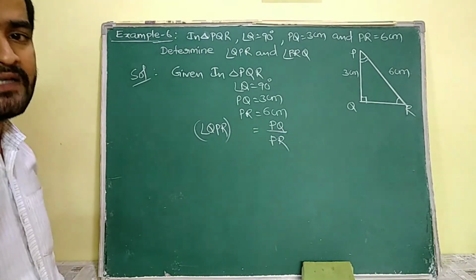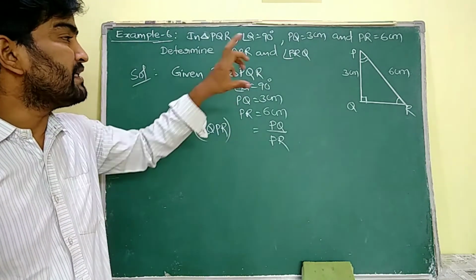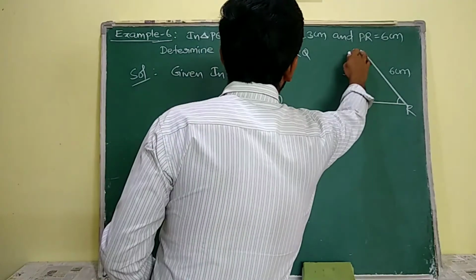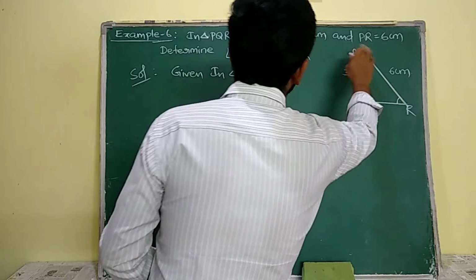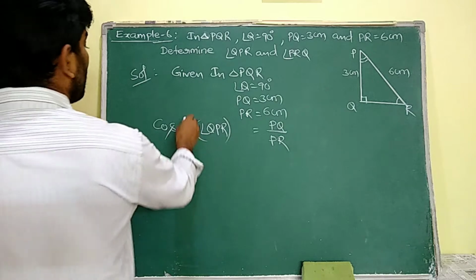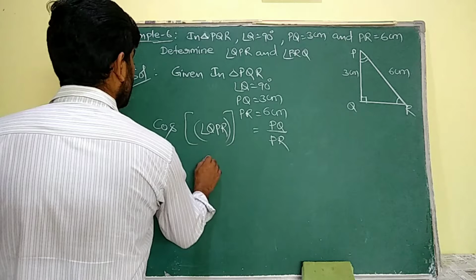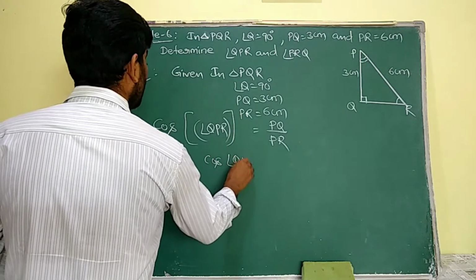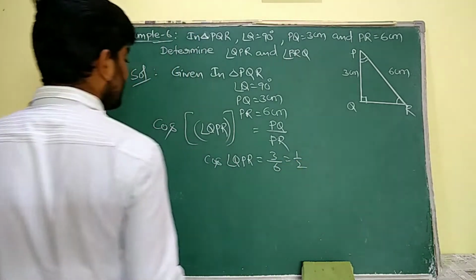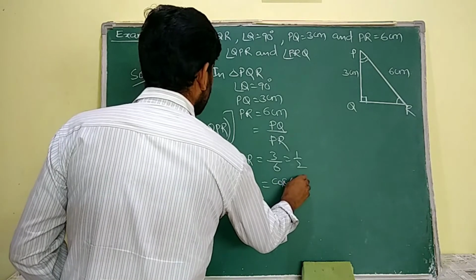You have to consider the two sides with respect to angle P. PQ by PR means adjacent side by hypotenuse, which is nothing but cos. So cos of angle QPR is equal to PQ by PR, which is 3 by 6, that is 1 by 2. Cos which value gives 1 by 2? Cos 60 degrees.